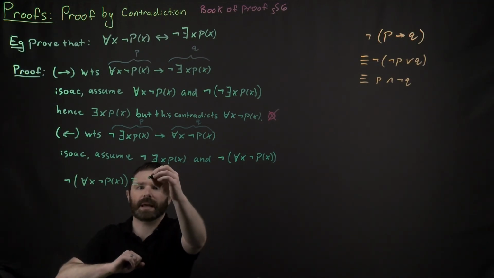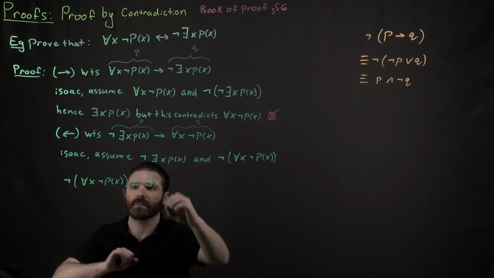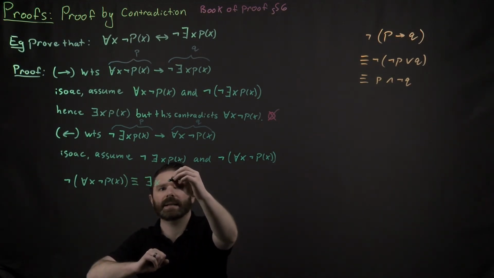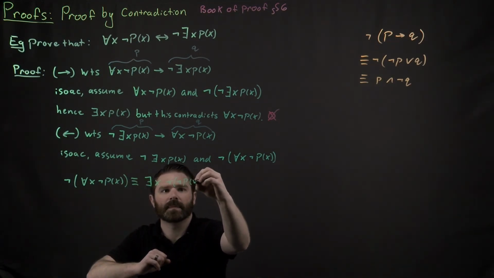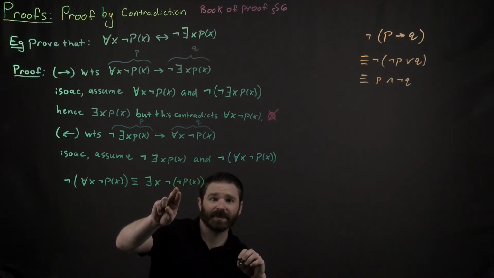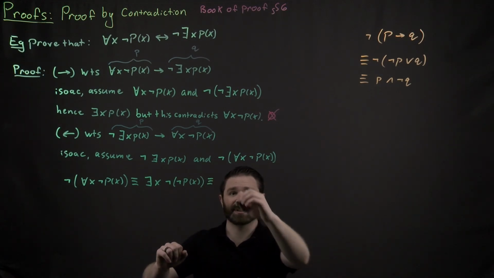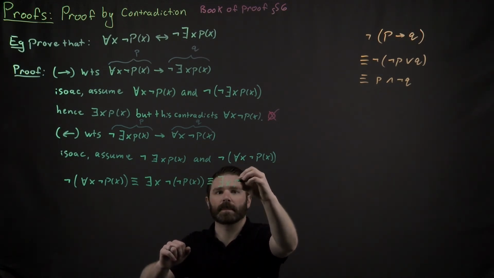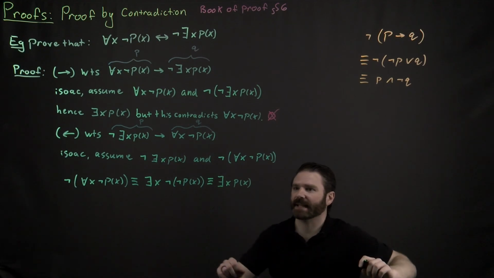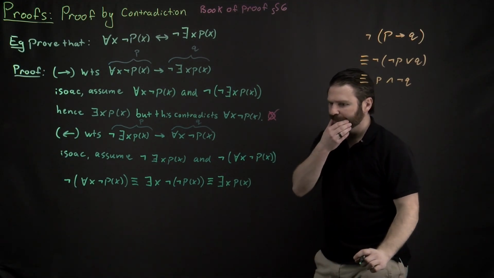That means I need to flip that to an existential one and then negate what's on the inside. Not P of X, but that's a double negation. So this is logically equivalent to there exists an X such that P of X.